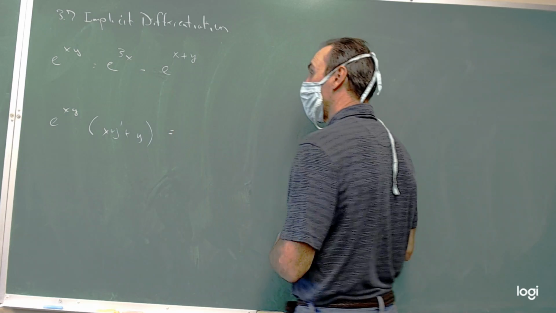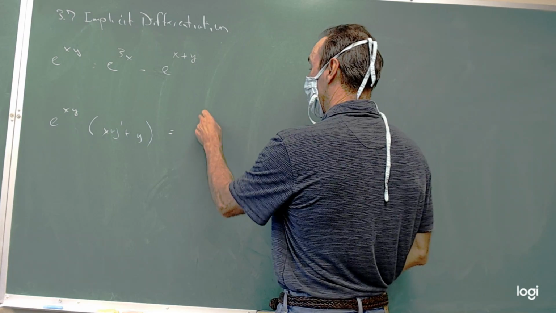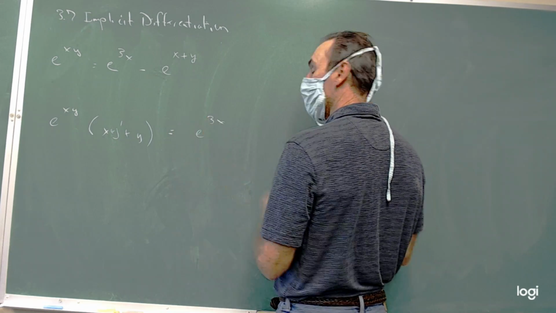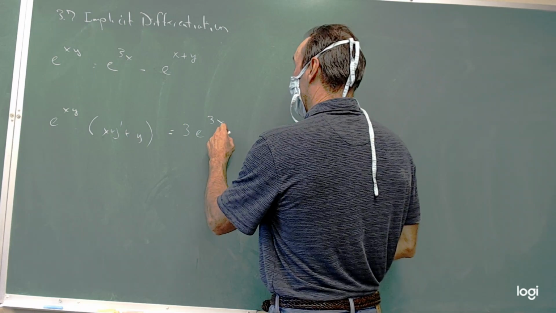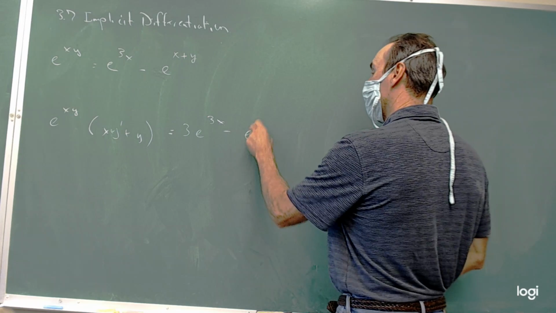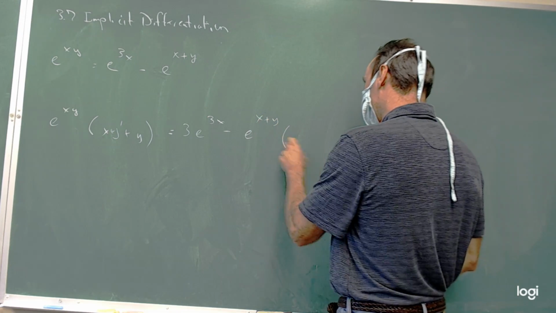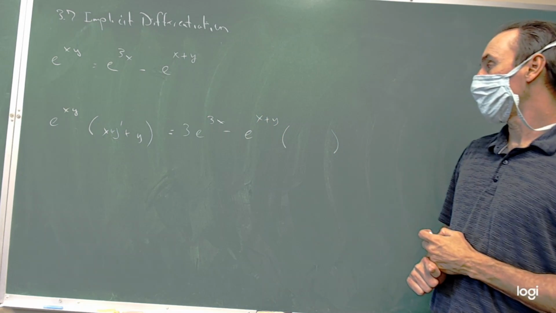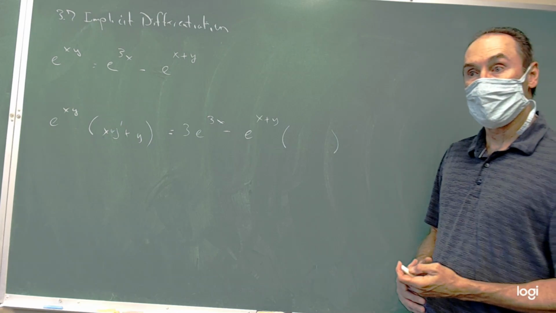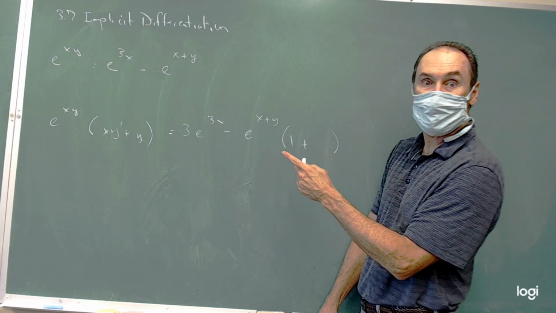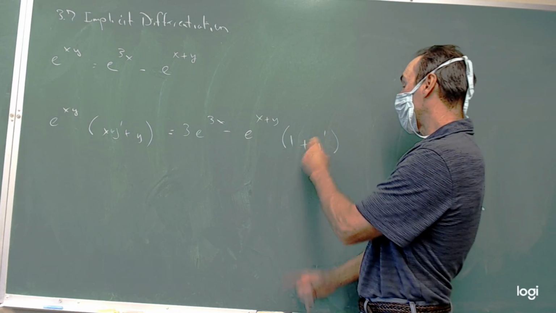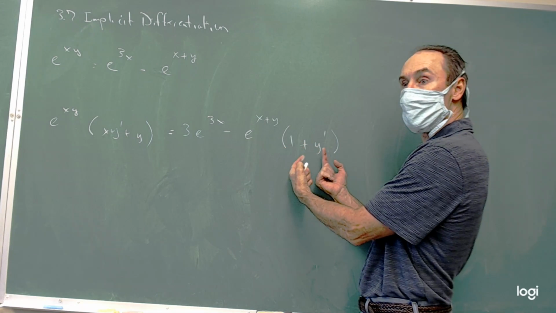In the meantime, the derivative of e to the 3x is e to the u times du, the derivative of 3x, which is just 3, minus, now we're going to get e to the u, e to the x plus y, times the derivative of x plus y. So again, you get a y prime term and a non-y prime term.